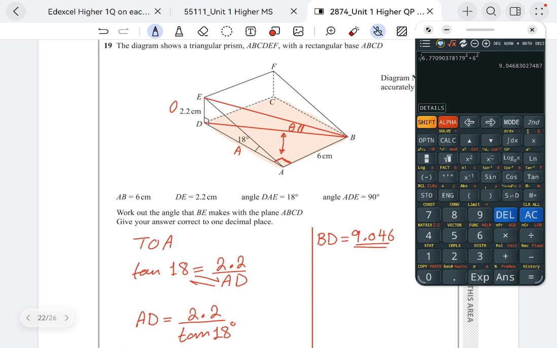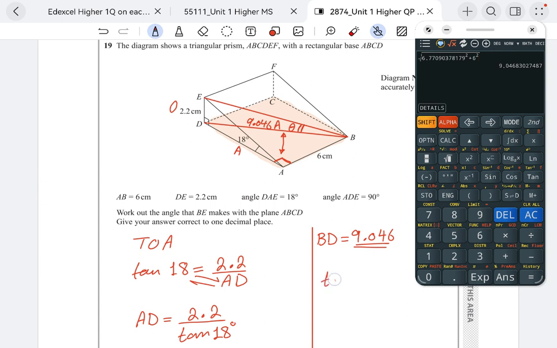Let us return to BD. Now BD is 9.046 and so on. Now if you want to find theta, you have the opposite, which is DE, and BD, which was the hypotenuse in the triangle ABD. Now the same BD here is the adjacent to this angle theta. So you have the opposite and you have the adjacent. How can we use both of them? We can use TOA, or tan.